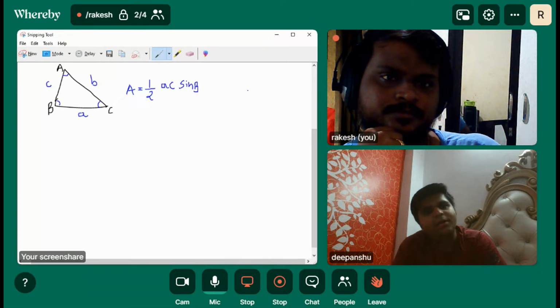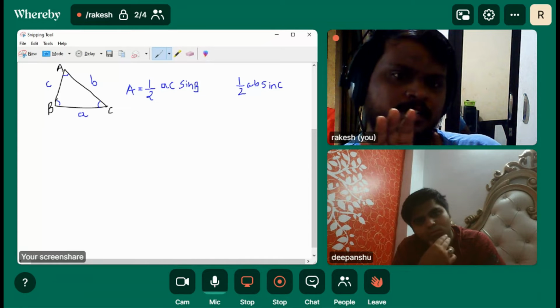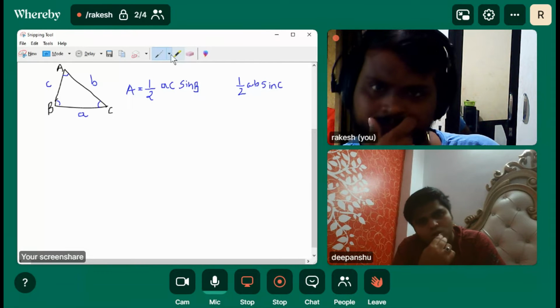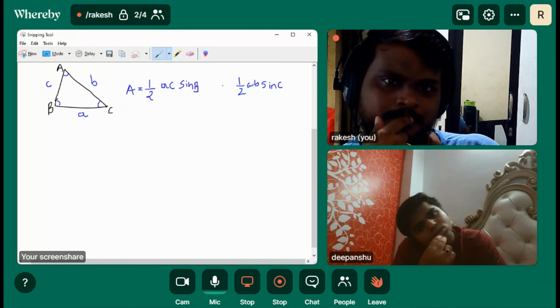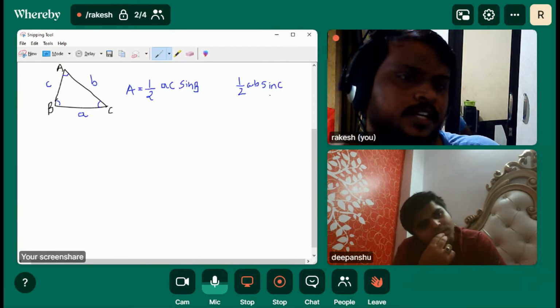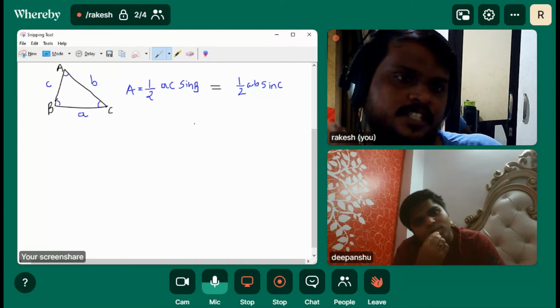Half into b a sin C, so half AB sin C. Are these equal? Are these values equal? Yes, sir. Why would these two be equal? Because it is the area of the same triangle.